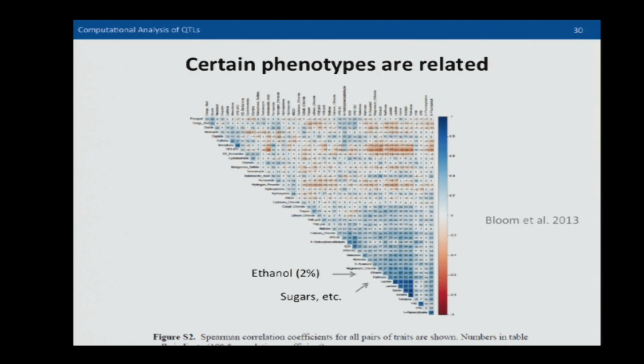The colors are somewhat visible, where the blue colors are perfect correlation and the red colors are perfect anti-correlation. And you can see that in certain areas of this grid, things are more correlated, like what sugars the yeast like to eat. But suffice to say, they had a large collection of traits they wanted to estimate.